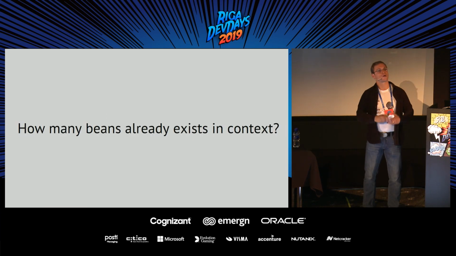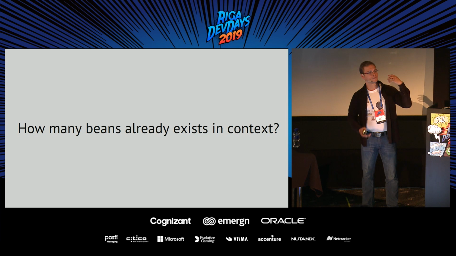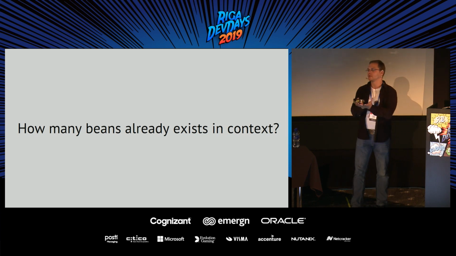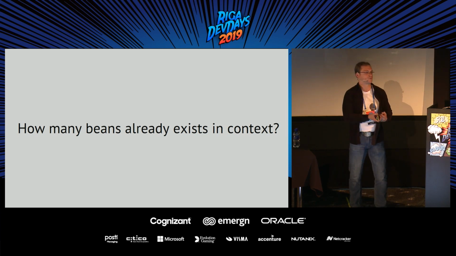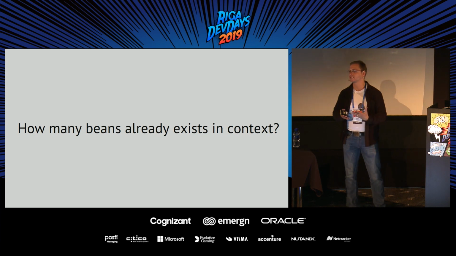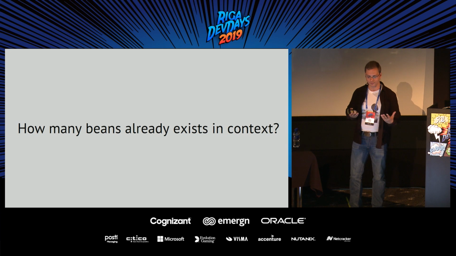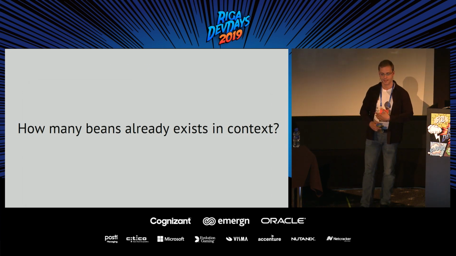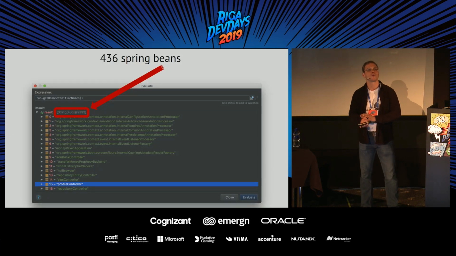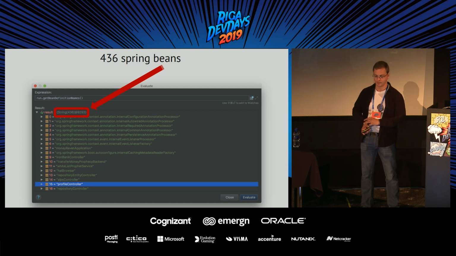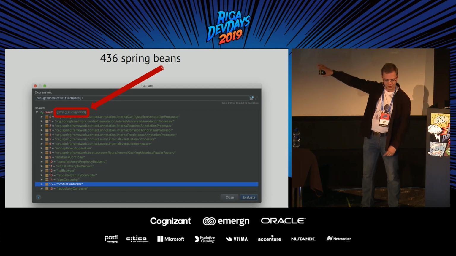Now, when we create the context with new, I'm talking about the old way, how many beans will be inside? Only the beans which were declared by us, or maybe several bean post processors which come with the context. So it will not be many beans. And when we create the context with Spring Boot, you see, I don't have many beans of my own.